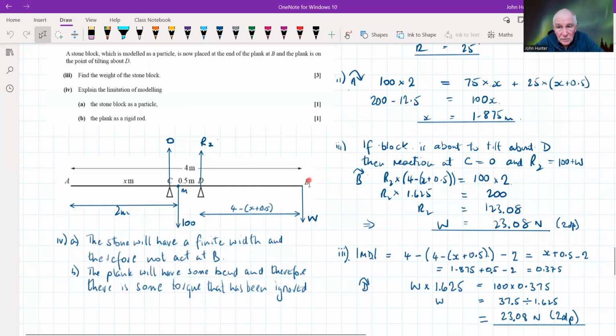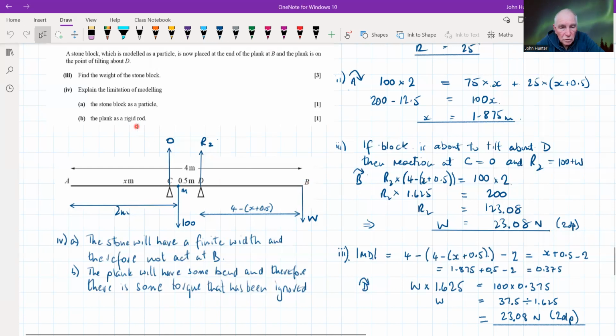It doesn't all actually act from one point, so it's not going to be exactly the figure that we're assuming, but we're modeling it, so it's a reasonable assumption to make. But yeah, it's not a particle. So the moment that it actually exerts here is not going to be quite as we've assumed.